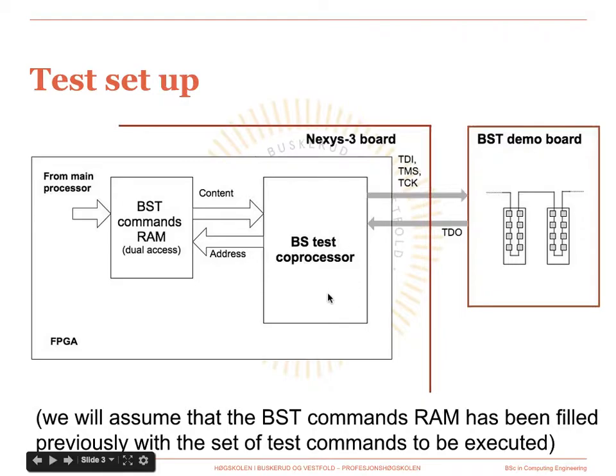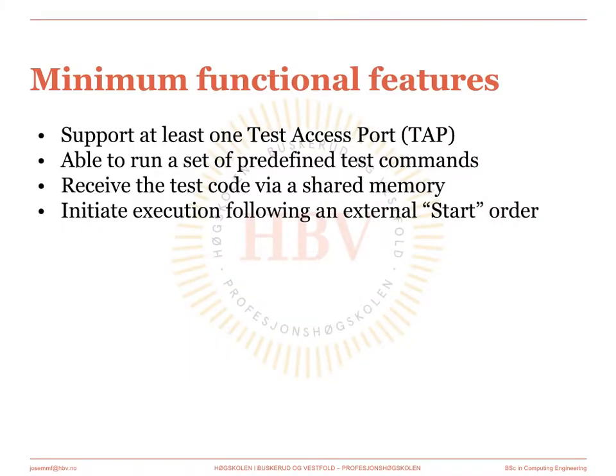Our boundary scan test coprocessor will get the operation codes and the operands for the test program from the shared memory, and then while executing these test commands, it will issue the appropriate signals to TDI, TMS and TCK for the boundary scan board and collect the information arriving from TDO. We will of course assume that the shared memory has previously been filled with the test commands to be executed.